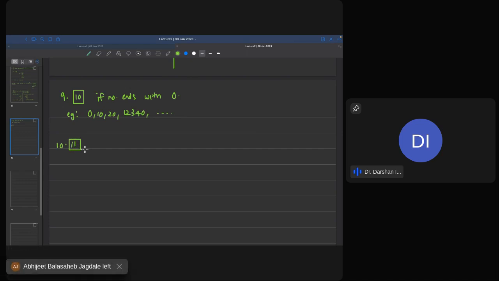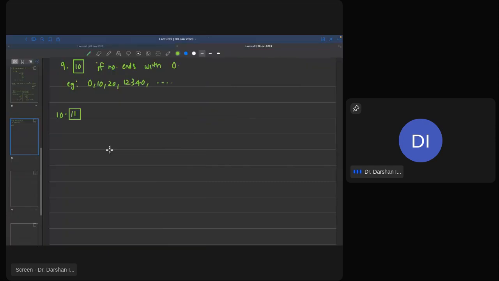If it is ending in 0, it is divisible by 10. As simple as that. Then the next is divisibility by 11.